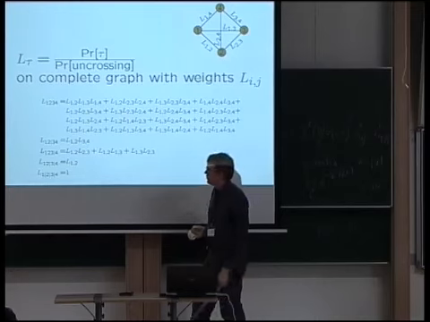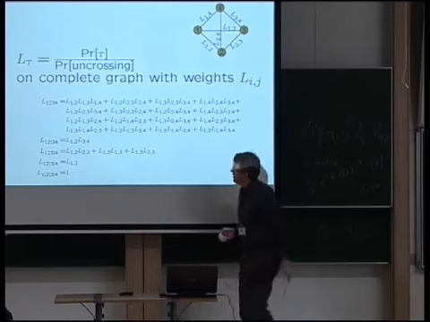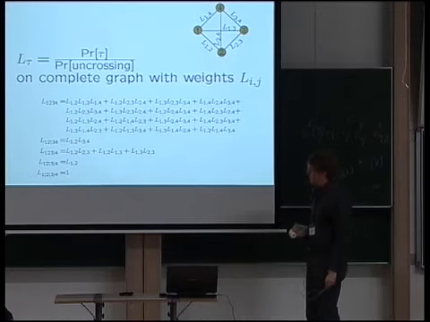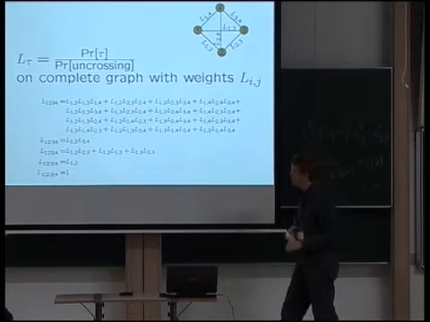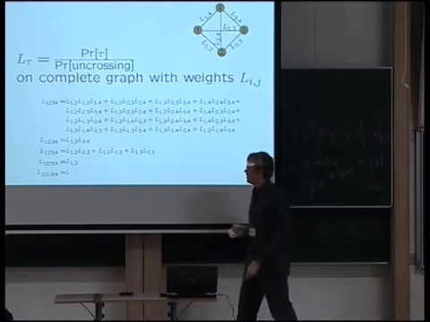L of 1, 2, 3 together and 4 separate is this polynomial, because there are 3 ways to pick a spanning tree in the nodes 1, 2, 3, and the node 4 doesn't do anything in this case.